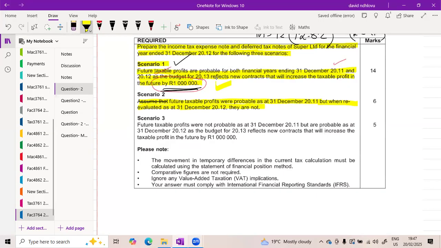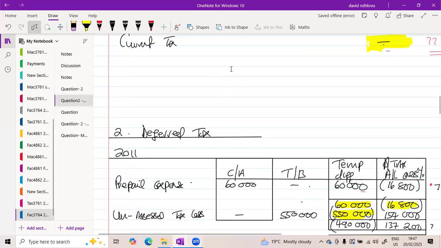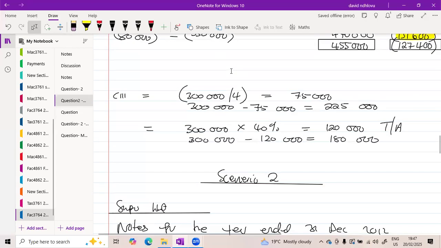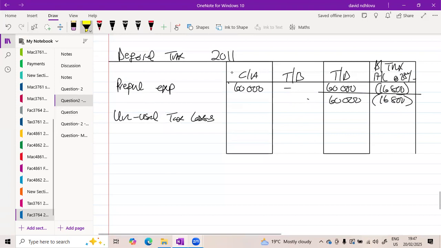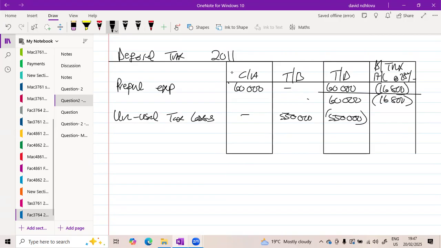So in 2011, when we did our evaluation, we said we are confident that we'll have future taxable profit against which to deduct the unused loss. If that is the case, then we don't limit the unused tax losses of 550,000. We allow the unused tax losses in full.